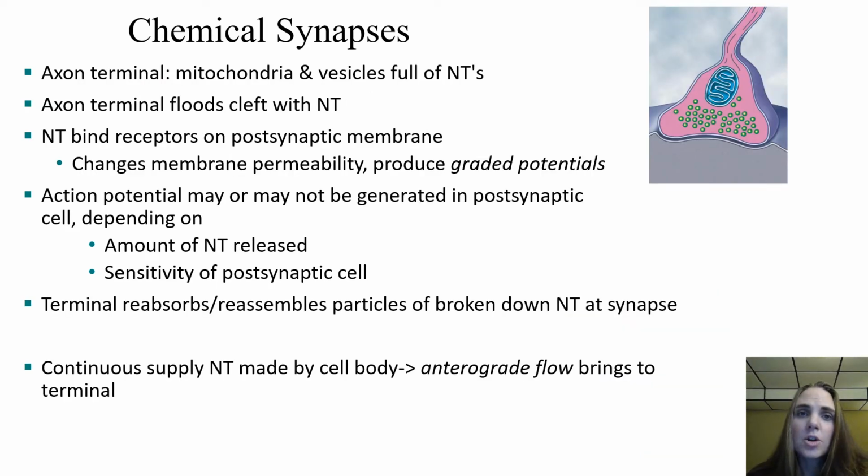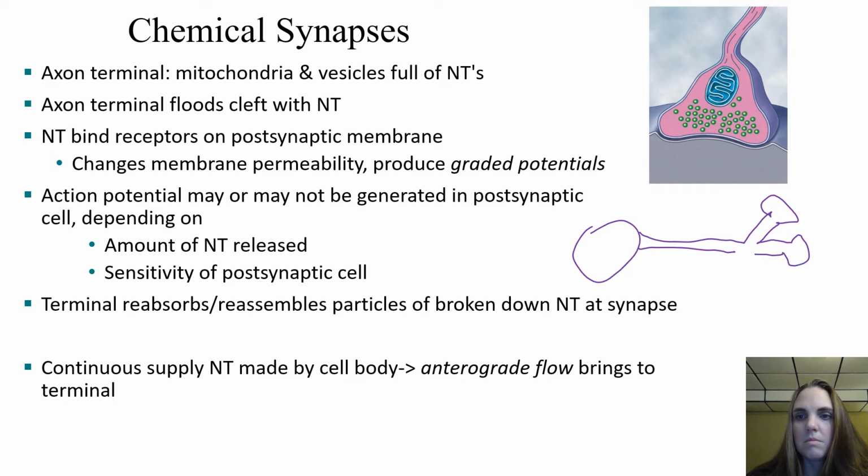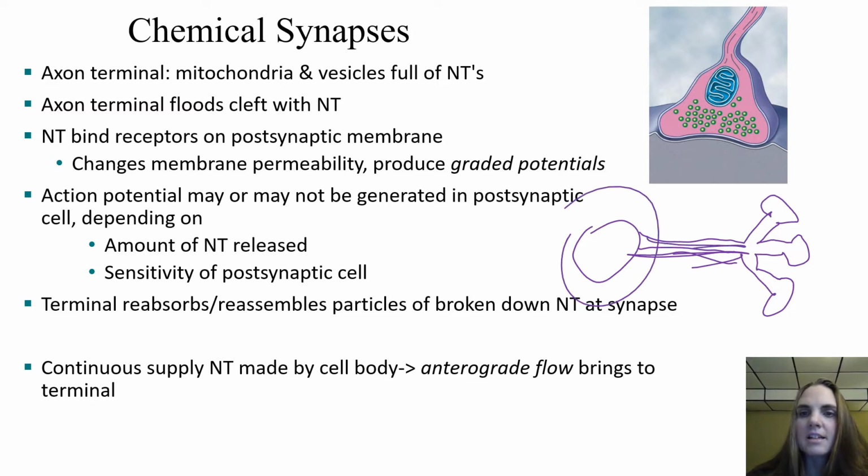At the axon terminal, remember when we have our neuron, I'm going to draw a little very basic neuron here. So we've got our cell body here, our axon, our telodendria.